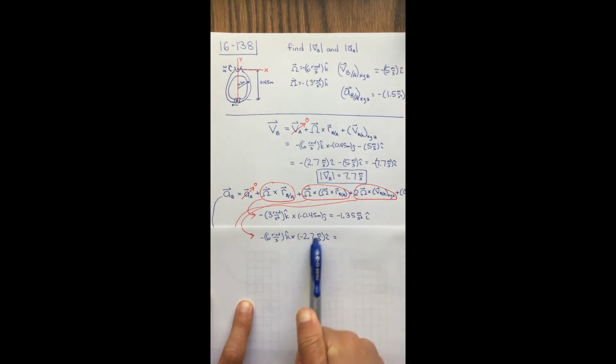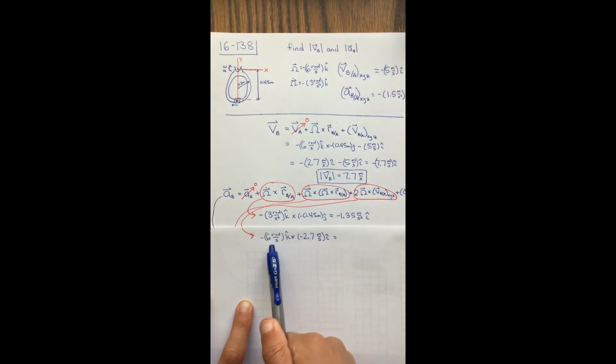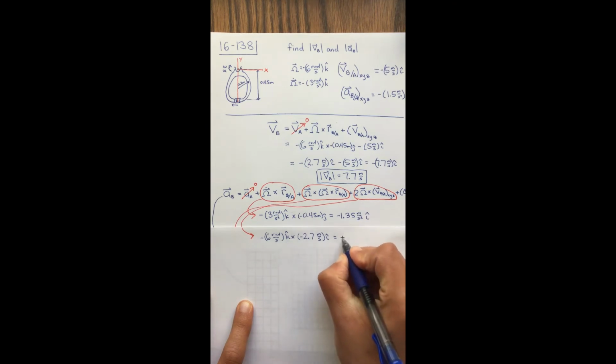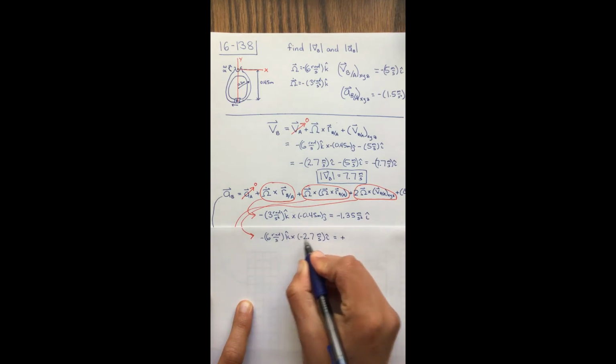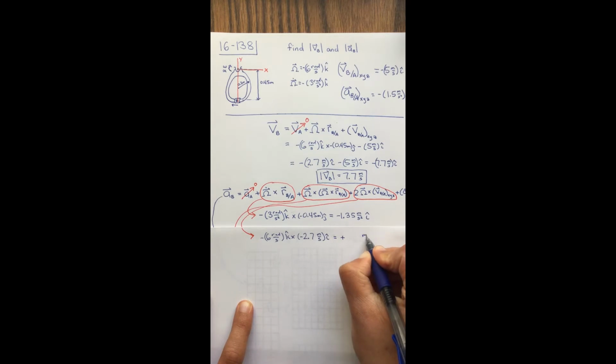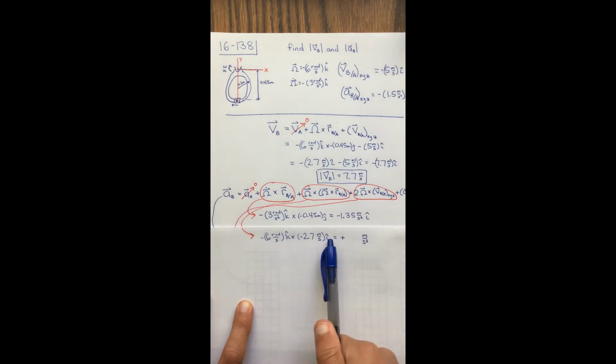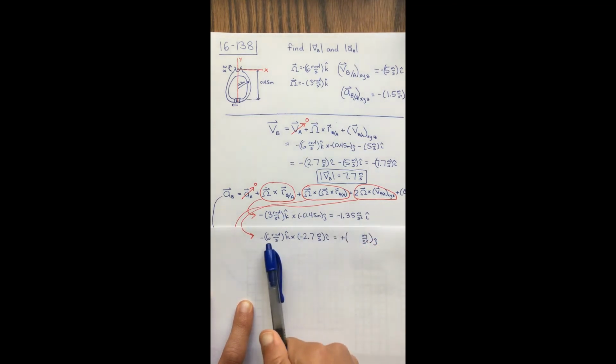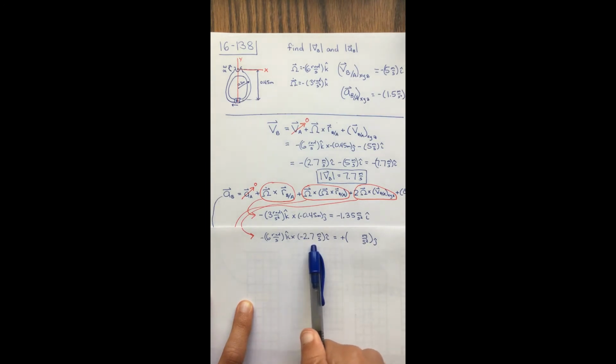Okay, so this is what we have in parentheses here. And when we do negative and negative, we get a positive something in radians per second times meters per second, which would be in meters per second squared. And k hat crossed with i hat gives me j hat. And finally, 6 times 2.7 gives me 16.2.